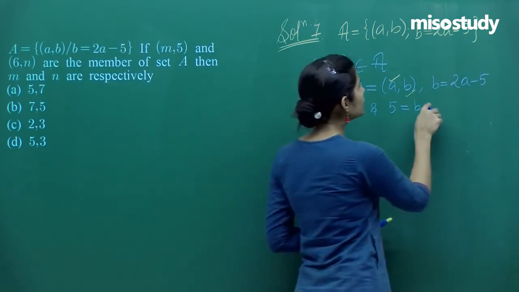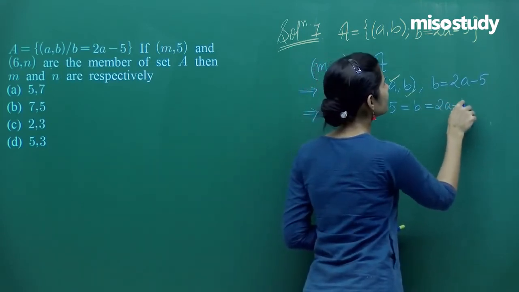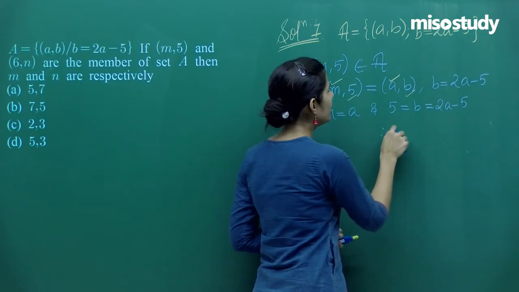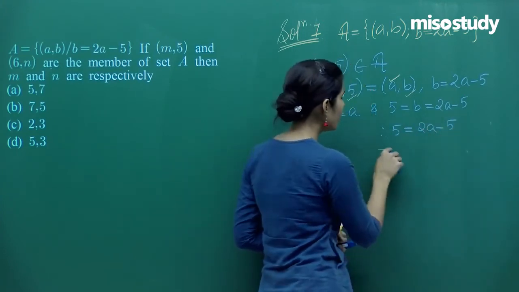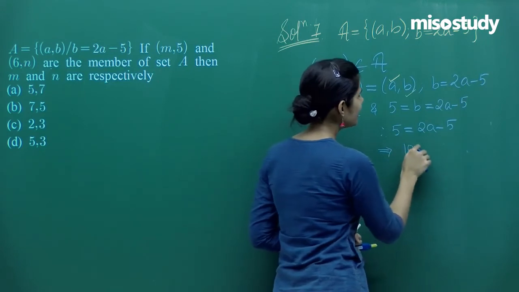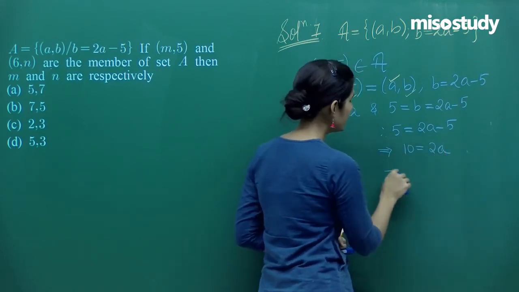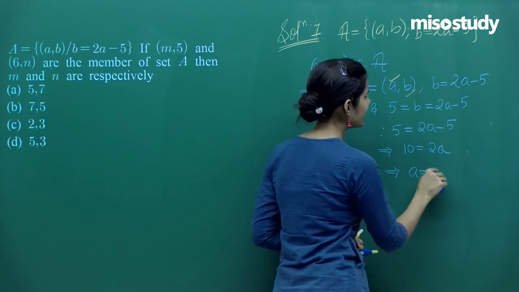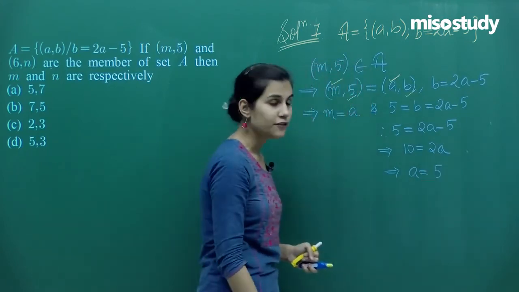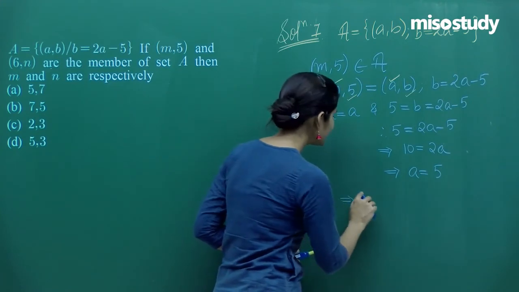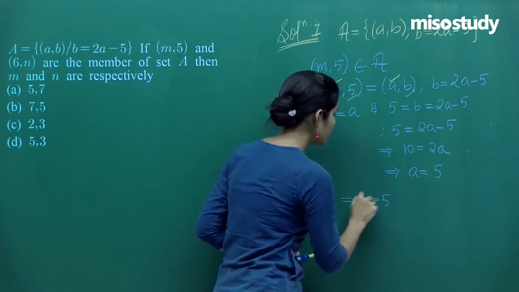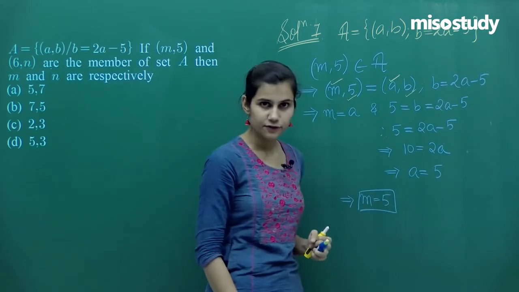But b is equal to 2a minus 5 and therefore 5 is equal to 2a minus 5, which implies 10 is equal to 2a, which implies that a is equal to 5. But my a is equal to m, and so I get m is equal to 5.